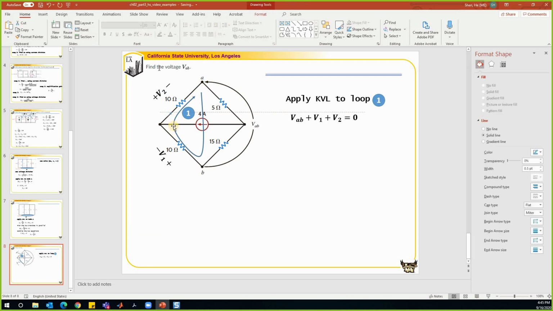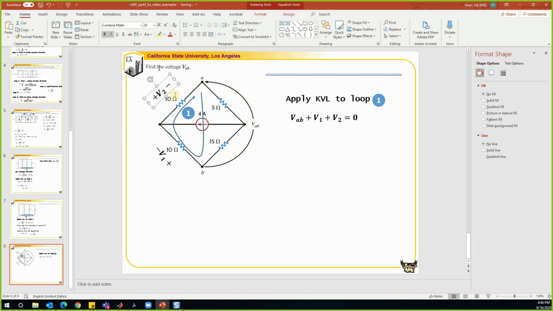So assume that this is our current I1. Let's call this current I2 then. How do we find the currents I1 and I2? We'll find them using current division. This requires you to remember the conclusion that we did before. The current I1 is the current in this branch, and the overall current is defined this way.